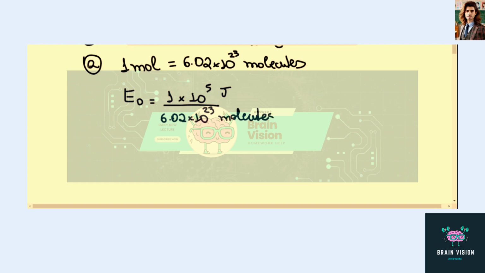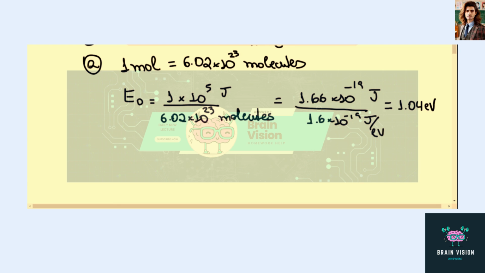So this dissociation energy per molecule is 1.66 times 10 to the minus 19 joules. And if I divide it by 1.6 times 10 to the minus 19 joules per electron volt, then we obtain 1.04 electron volts per molecule. So this is the energy of a photon necessary in order to dissociate the silver bromide.